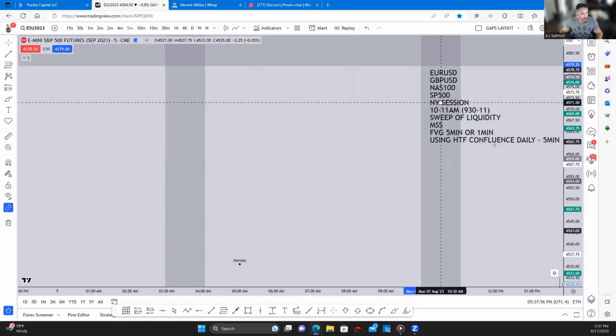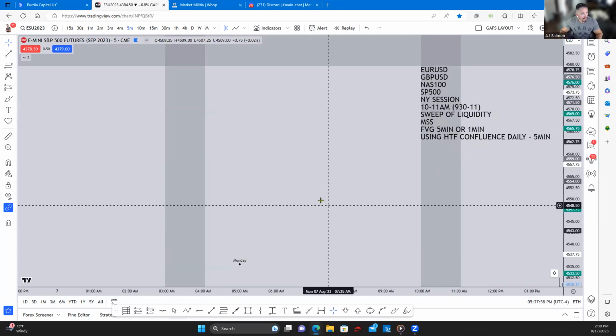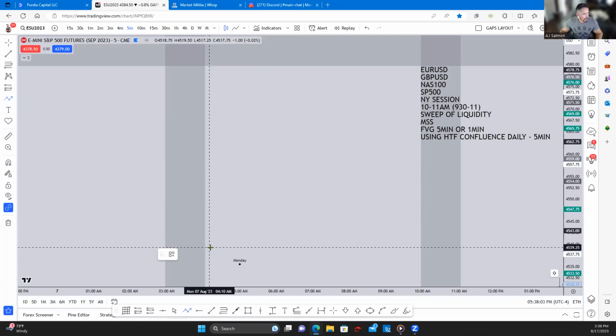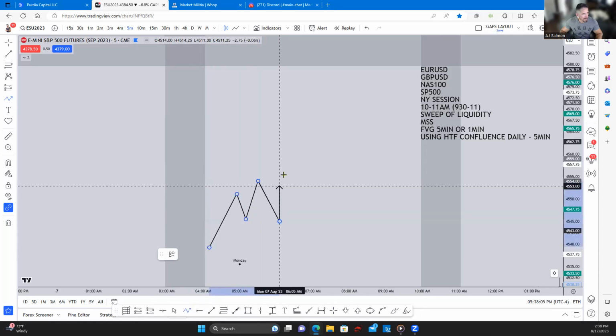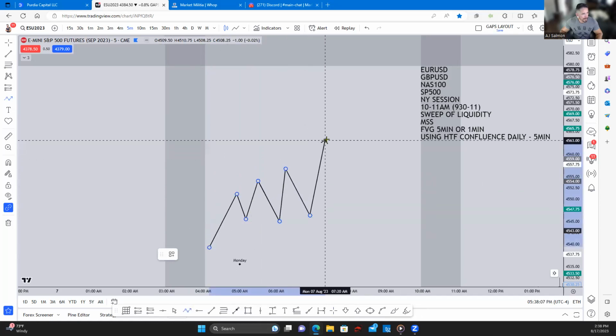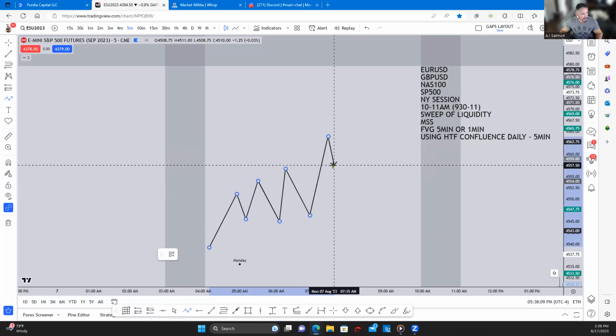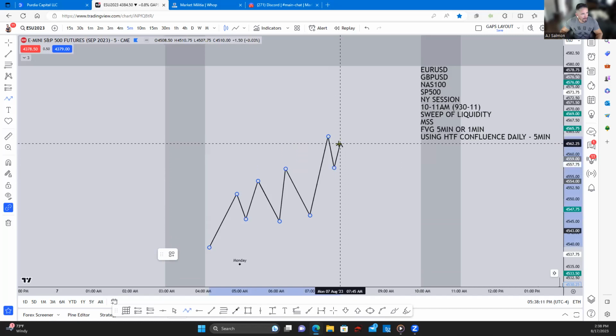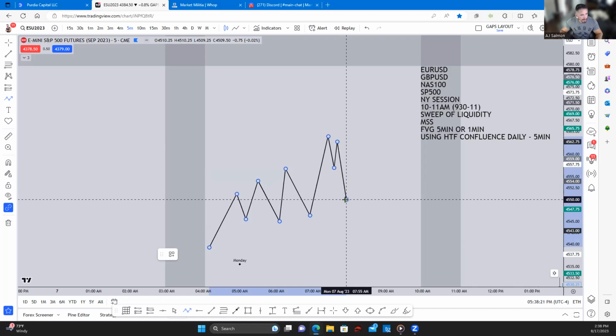So this is our strategy. All right, so market's going to come up. Okay, it's going to take liquidity. It'll create a swing low, a failure swing high, market structure shift, breaking that swing low with lots of momentum, creating a fair value gap.